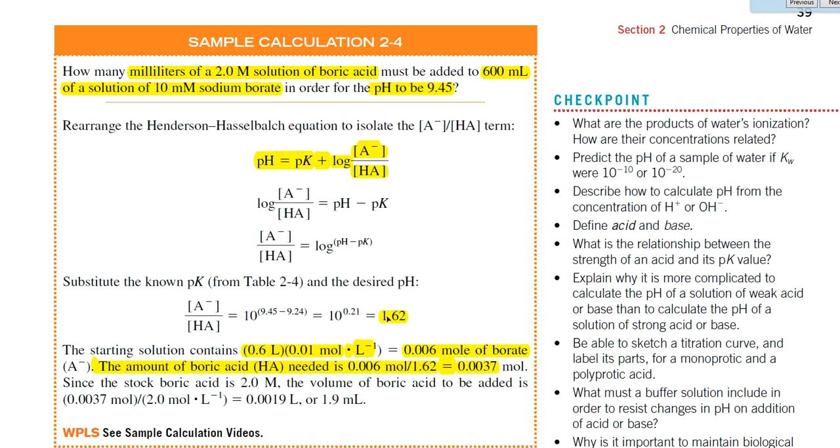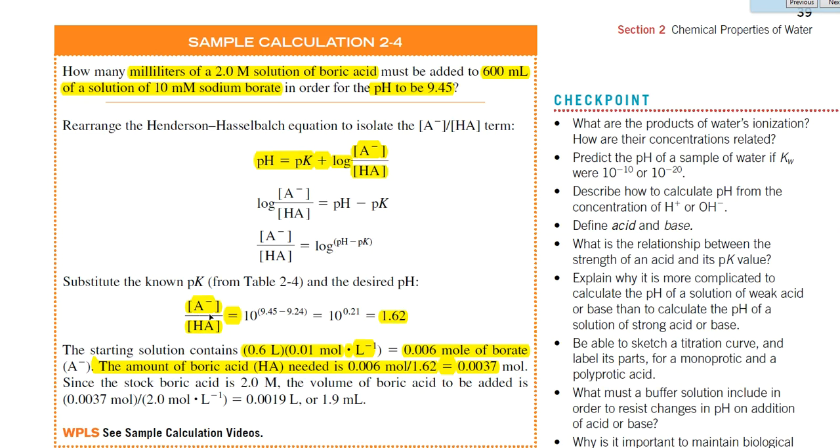If you know the concentration of borate, that is A minus, which we calculated as 0.006, we can put the value in this equation and find the value of HA, since the ratio of conjugate base by acid is 1.62. If we want to find any one of them, we have to put in the value of the other.